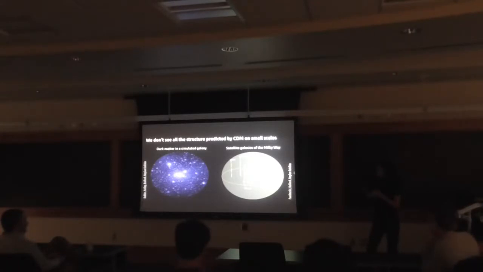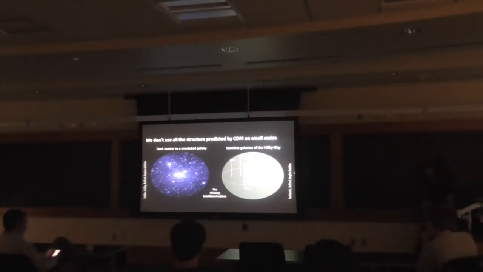Whereas when we look at the Milky Way, here I'm showing the distribution of dwarf galaxies from the recent review by James Bullock and Mike Boylan-Kolchin. We see that there are satellites of the Milky Way, smaller galaxies orbiting our own, but not nearly in the numbers expected in the simulation.